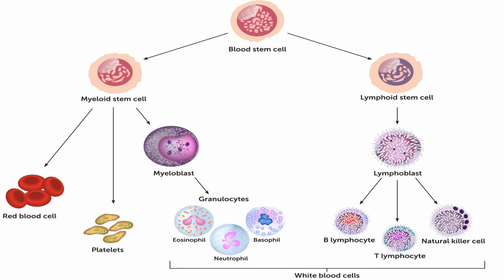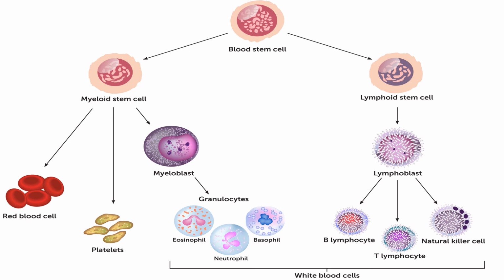So, blood stem cells are divided into two groups, myeloid stem cells and lymphoid stem cells. Lymphoid stem cells have lymphoblasts, which give rise to B lymphocytes, T lymphocytes, and natural killer cells.